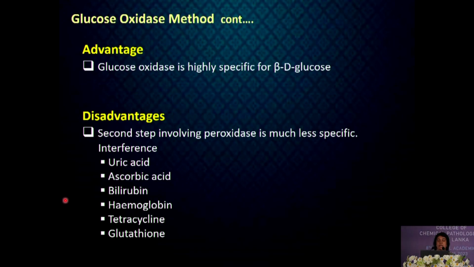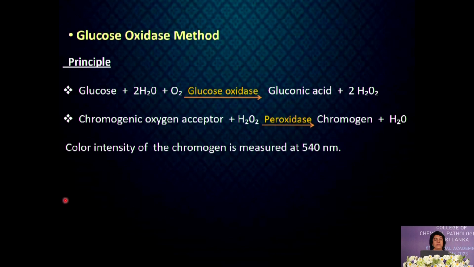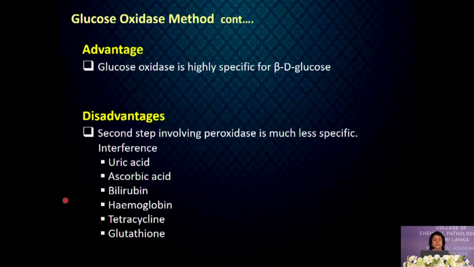Glucose oxidase is highly specific for beta-D glucose, but the second step, involving the peroxidase enzyme, is less specific. So it can be interfered with by many substances such as uric acid, ascorbic acid, bilirubin, hemoglobin, tetracycline, and glutathione.